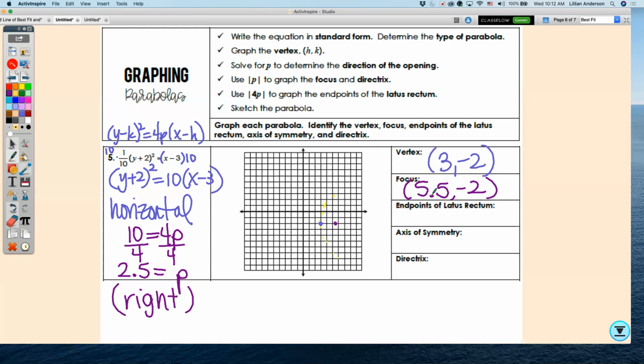My directrix is that many units, but it's on the outside. So if I go 2.5 units, that's actually going to put me right here. What value is that? Go louder. 0.5. 0.5, x equals or y equals? X.